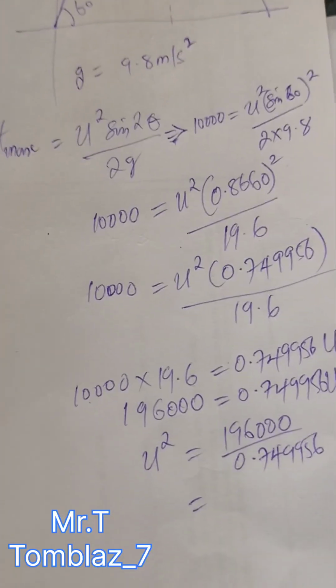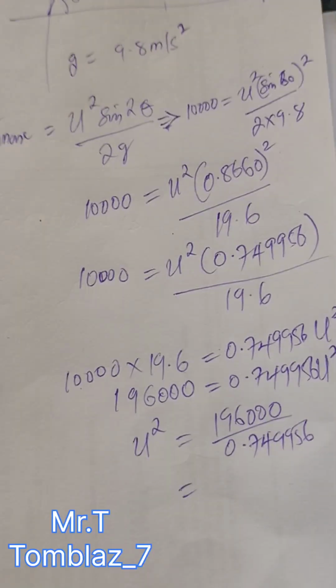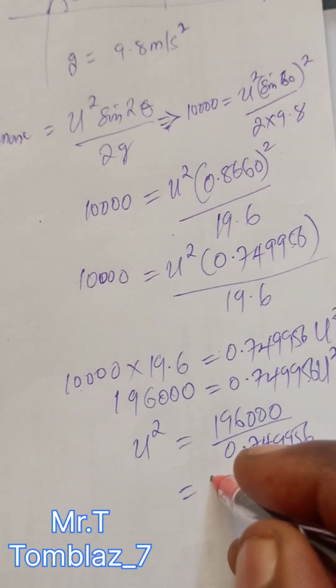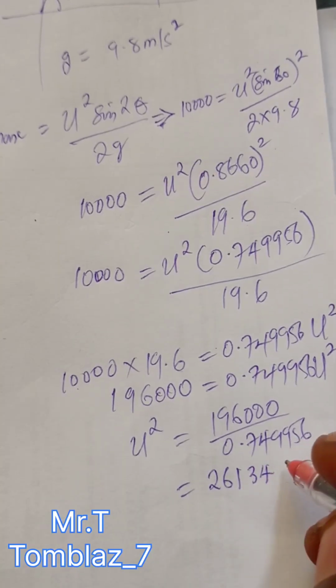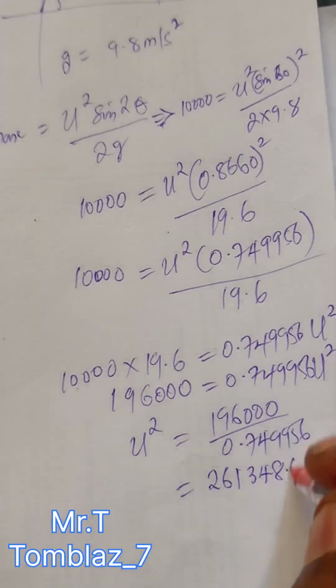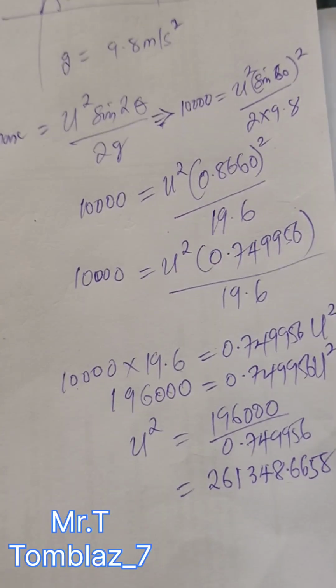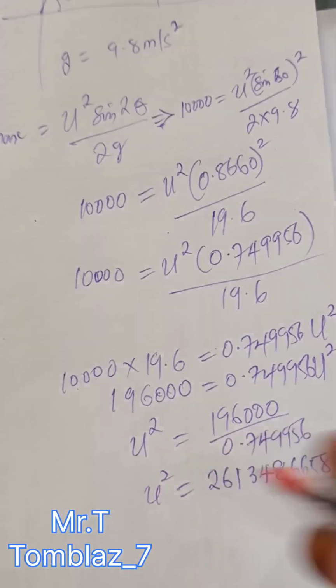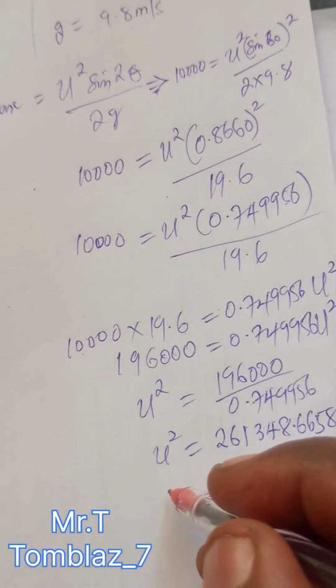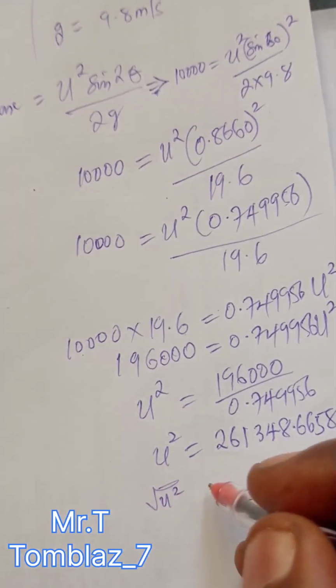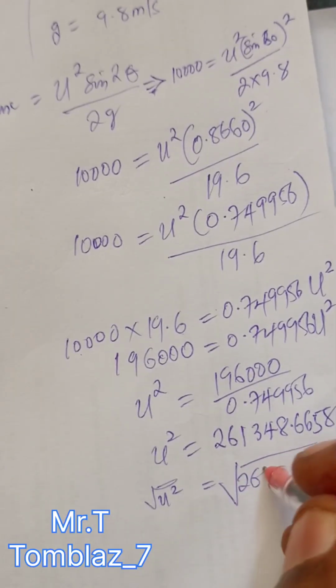Let's see what we're going to get when we divide this. We get 261,348.6658. Okay, so this is U squared, but we are looking for U, so we take the square root of both sides.